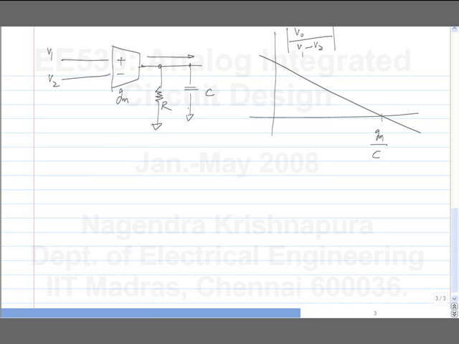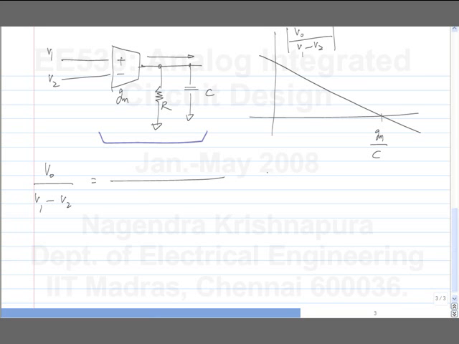And what will be the frequency response of this block? V0 by V1 minus V2, what is it? Gm by 1 plus SCR. Yeah.